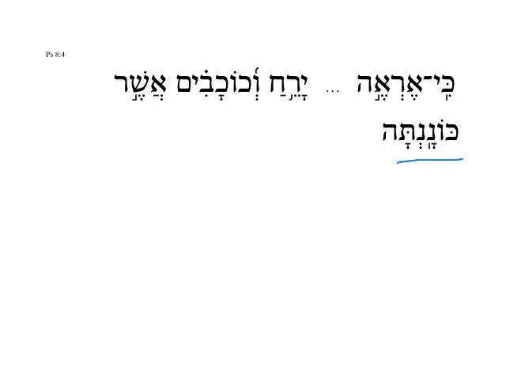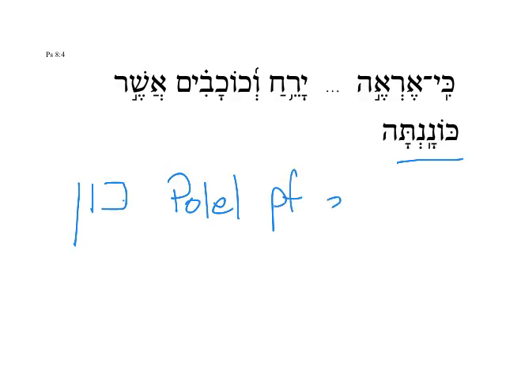Konanta comes from the root kaf, vav, nun, to establish, kun. In this case, we have the polel form, and it's in the perfect form, 2MS.